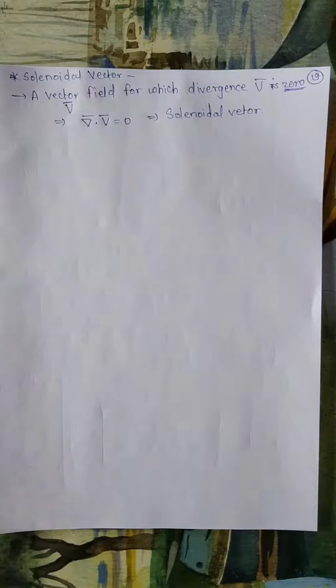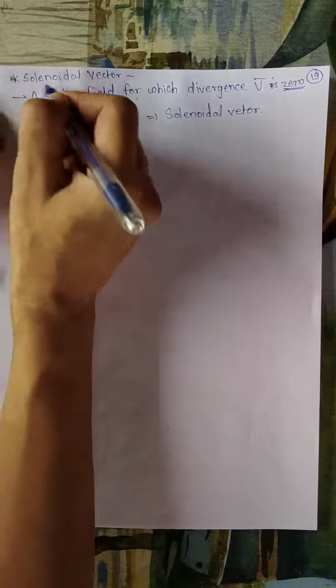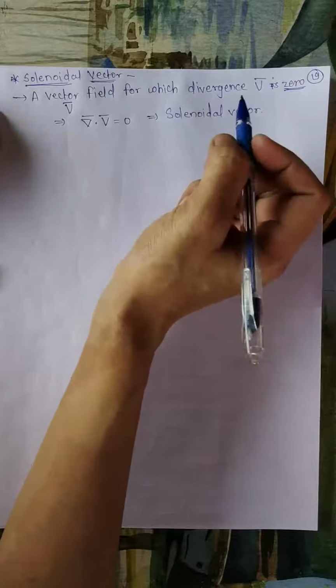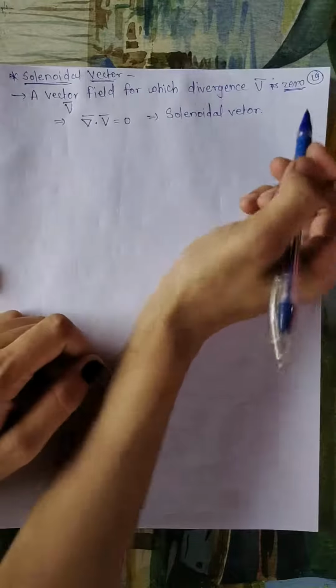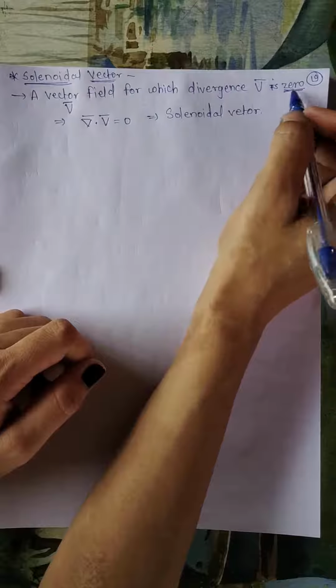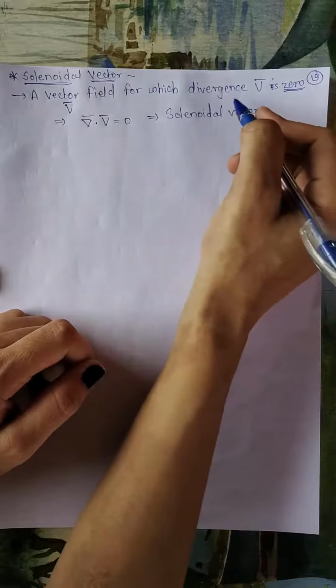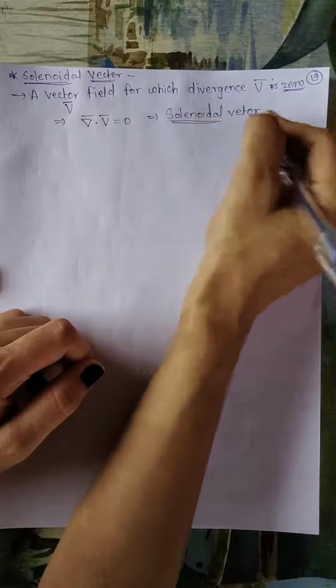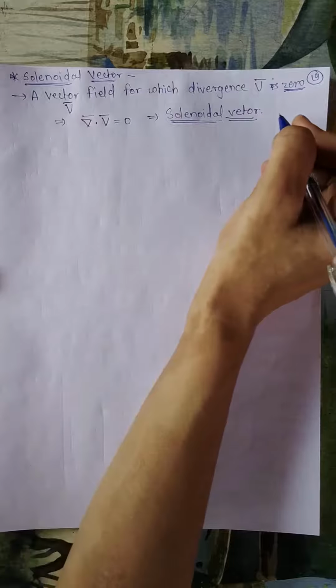Now one more new concept is the solenoidal vector. It is a vector for which the divergence is zero. Suppose we have a vector v bar; when its divergence is zero, such a vector is known as a solenoidal vector.